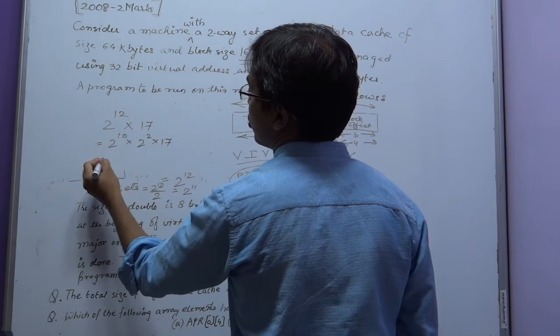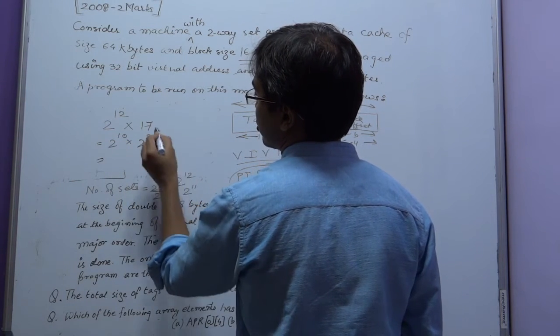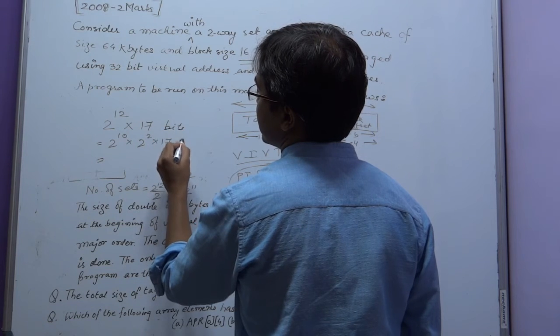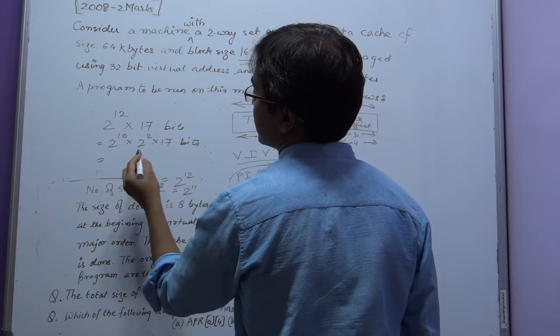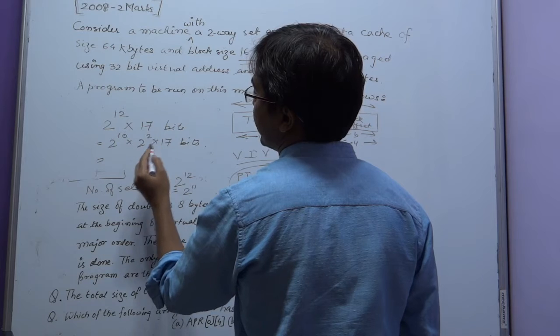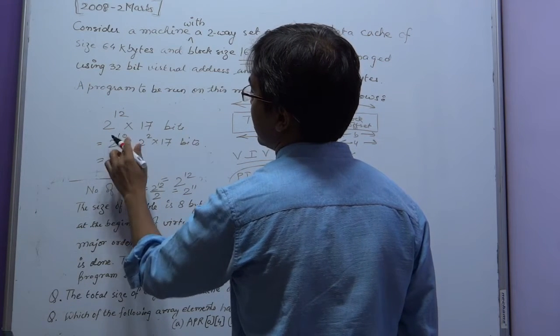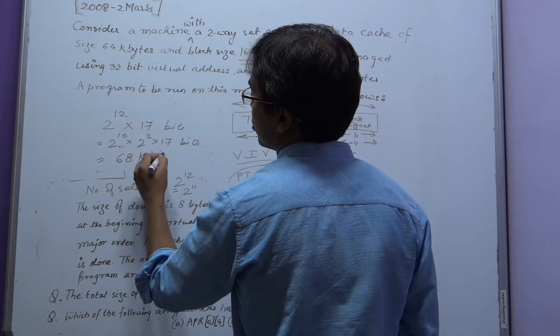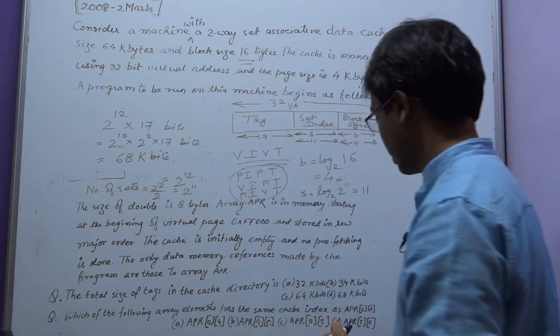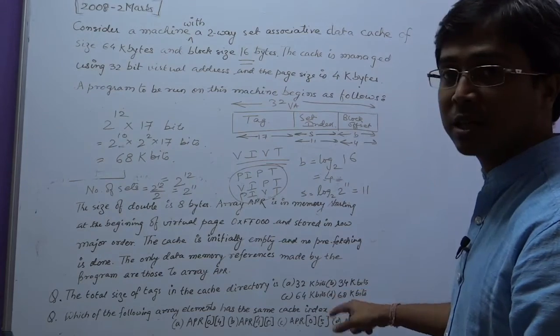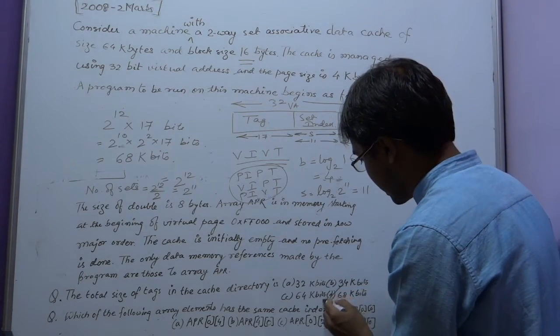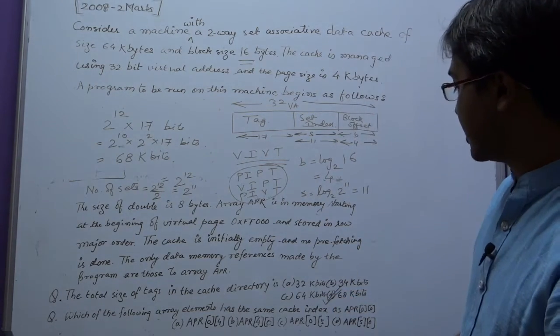Now 2 to the power 10 is kilo, and 17 is in bits, so these many bits. 2 to the power 2 is 4, 4 into 17 is 68, and 2 to the power 10 is kilo, 68 kilobits. So 68 kilobits is the correct answer.